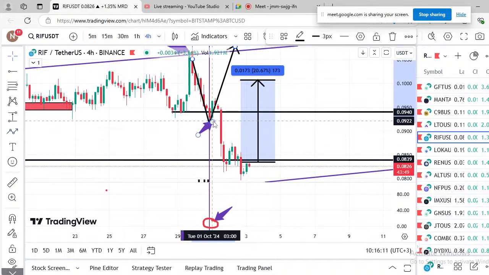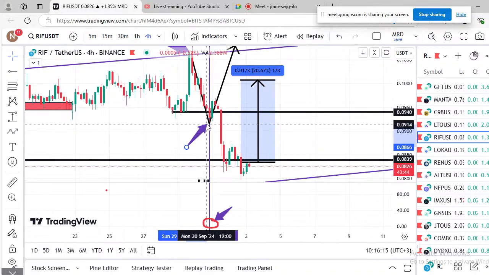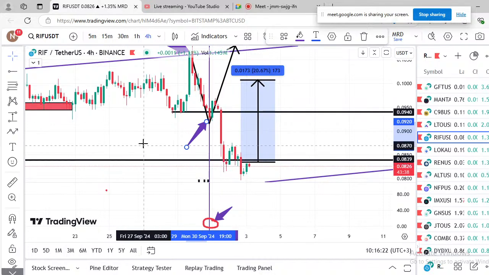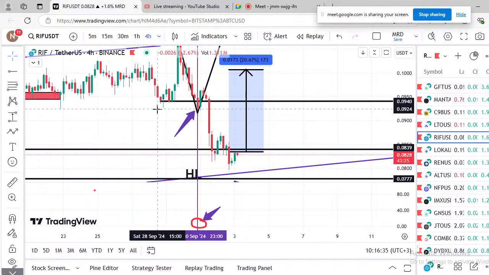Here we call it a fake out. But since it refused to go up, and we stopped along the way here, and again we dropped, that is not a fake out. You get the point? So you couldn't trade here.